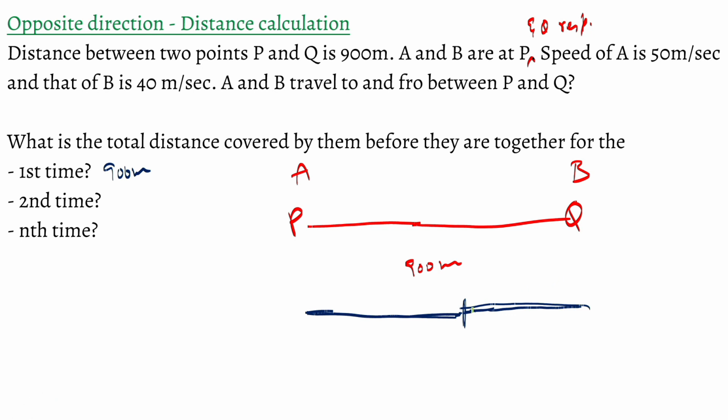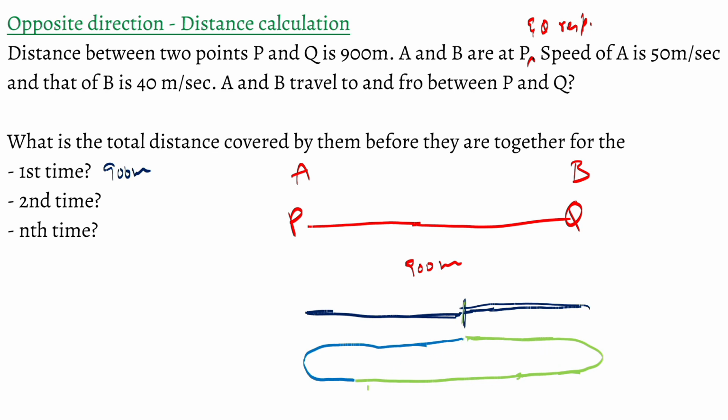So A initially, after meeting, moves from here to here, and again it takes the U-turn, and in the meanwhile B resumes his journey from here and then turns again, and A travels from here to here.